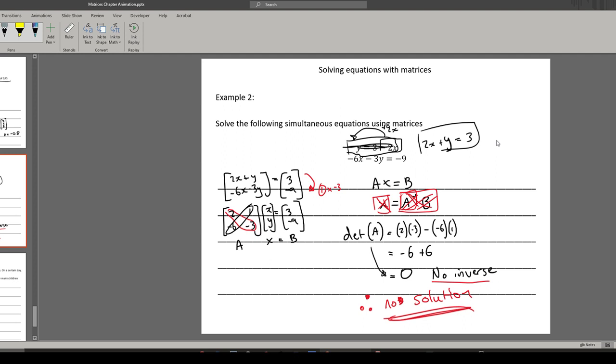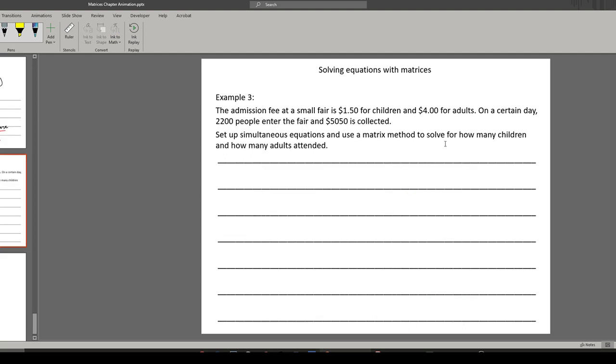So because it is just a multiple of the first one, we can't use it to solve it. It runs in all sorts of errors if you think back to simultaneous equations. So there's no solution. So we can't do that one by hand. So we go on to our next problem.